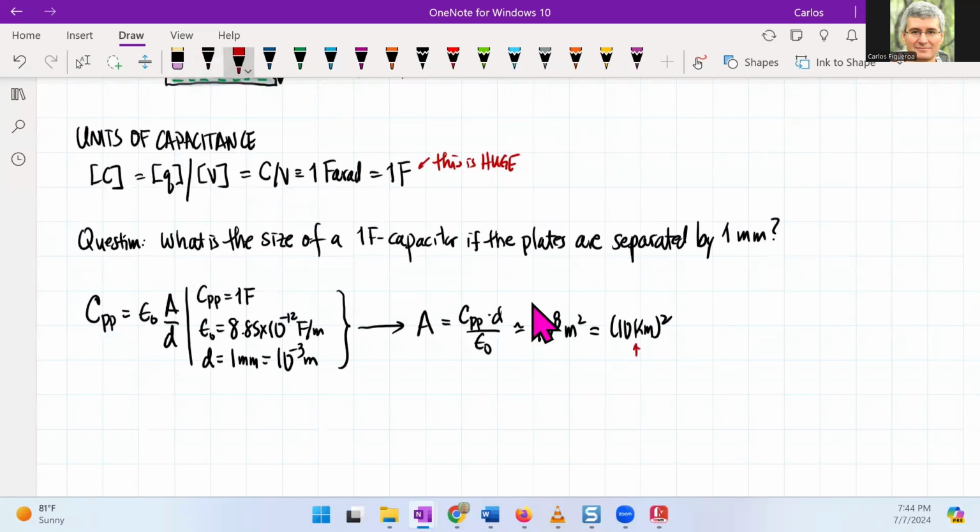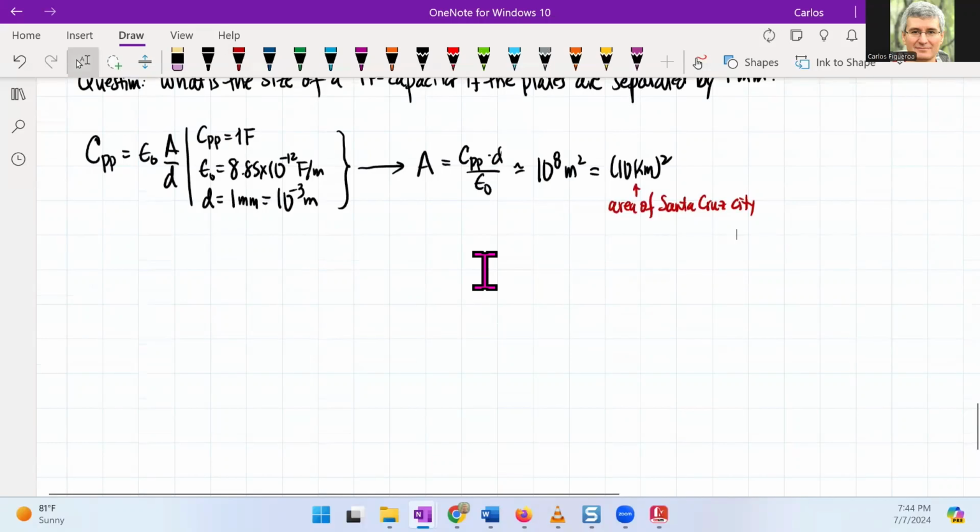Note, this is about the area of Santa Cruz County. That's huge. No, not the area of Santa Cruz County, but the area of Santa Cruz City. It's a humongous number.